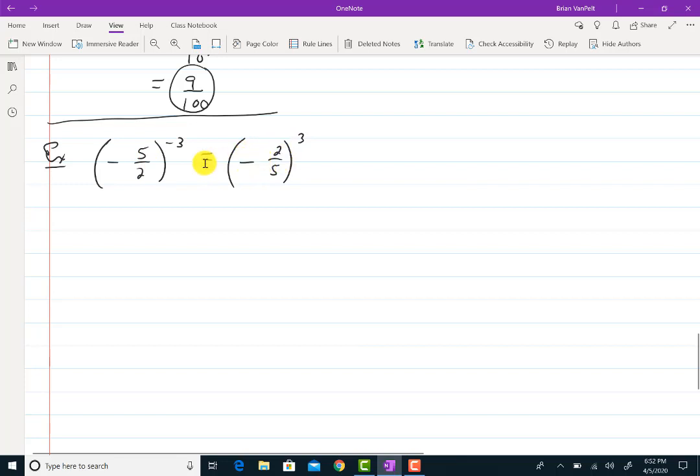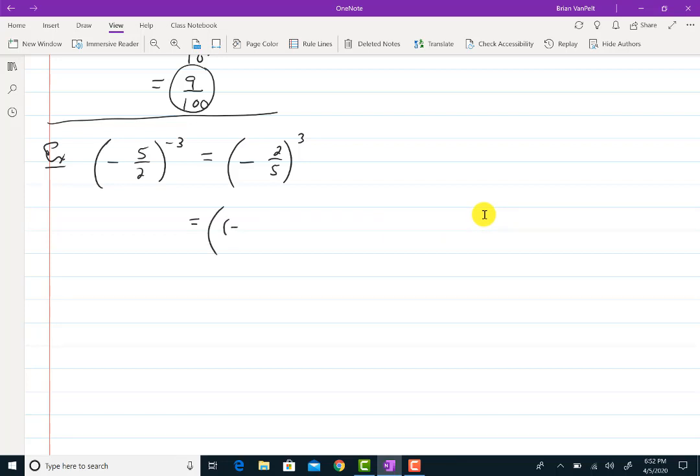The negative was not affected by this because this negative out here is like negative 1 times the number. This negative up here is with the exponent. They don't have really any connection other than if this were an even number, the negative would cancel or something like that. But let me write this out to show you more details.